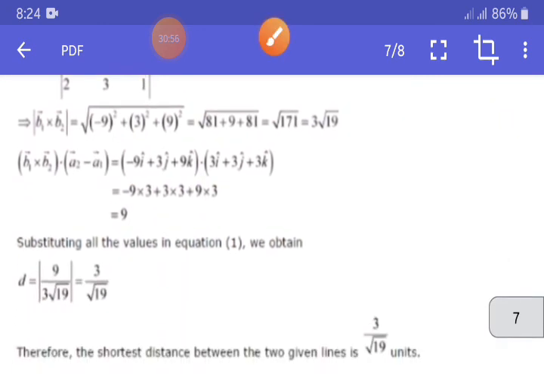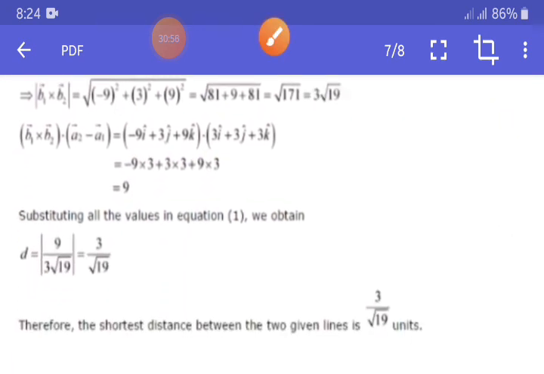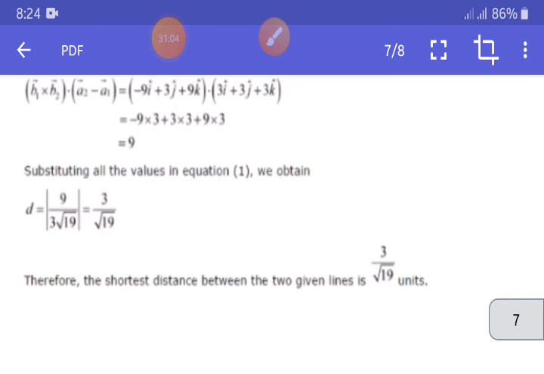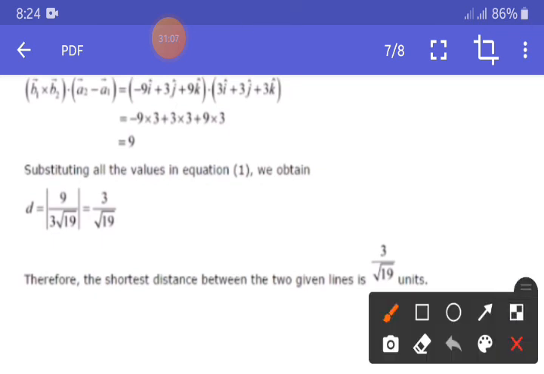Substituting all the values in equation 1, we obtain d equal to modulus of 9 by 3 square root of 19. Cancelling, we get 3 by square root of 19. Therefore, the shortest distance between the two given lines is 3 by square root of 19 units.